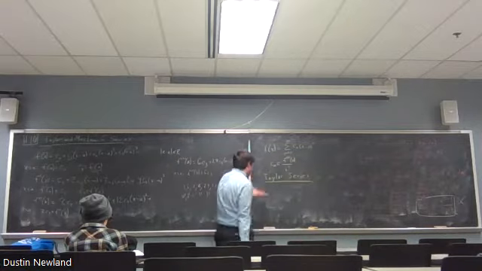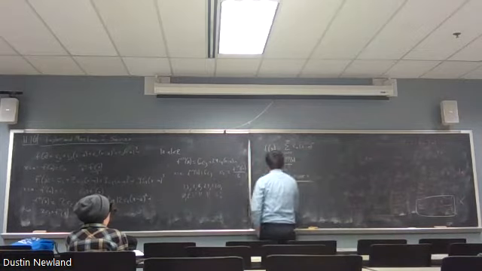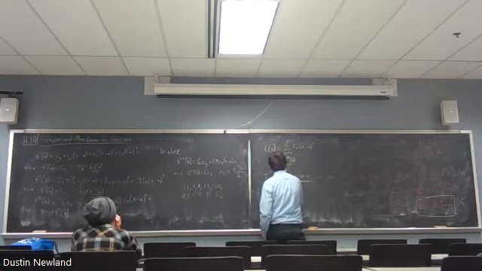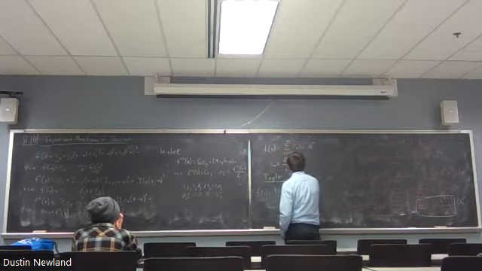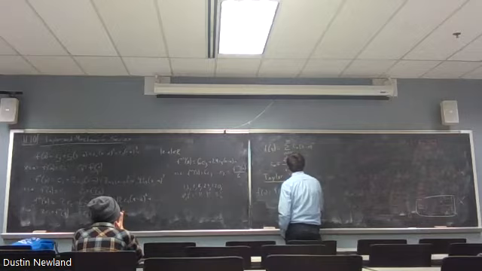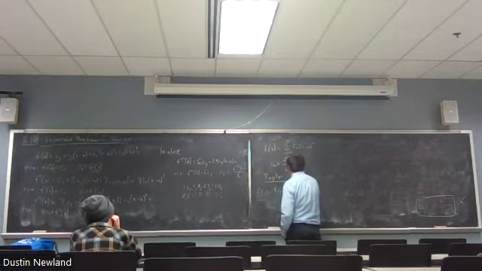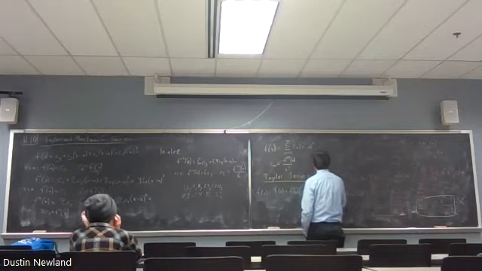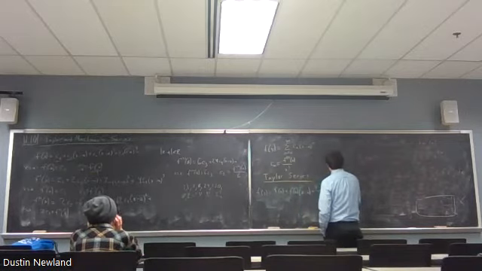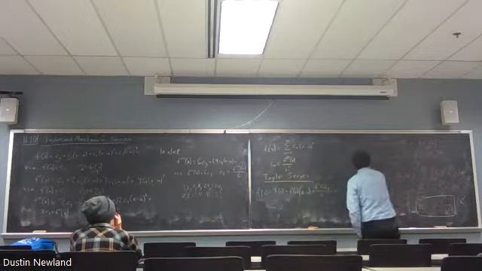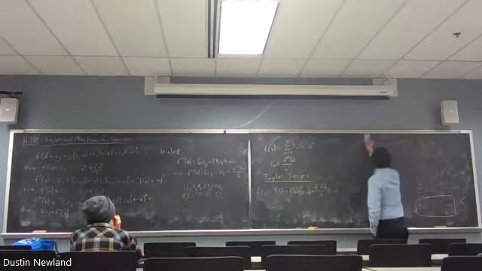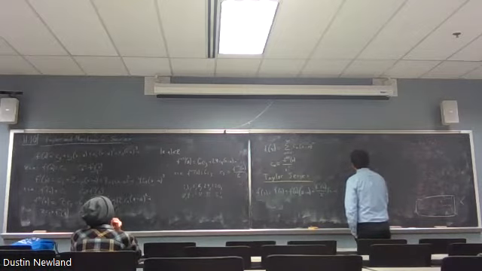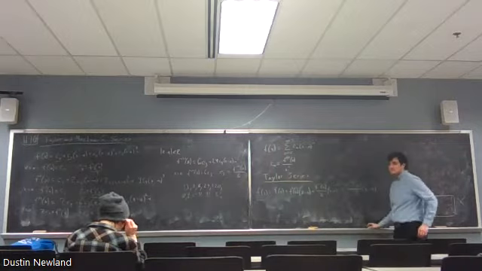So, if we want to see what that looks like expanded out, then f of x is equal to f of a plus f prime of a over 1, or just f prime of a, plus f double prime of a over 2 times x minus a squared, plus f triple prime of a over 6 times x minus a cubed, dot, dot, dot.